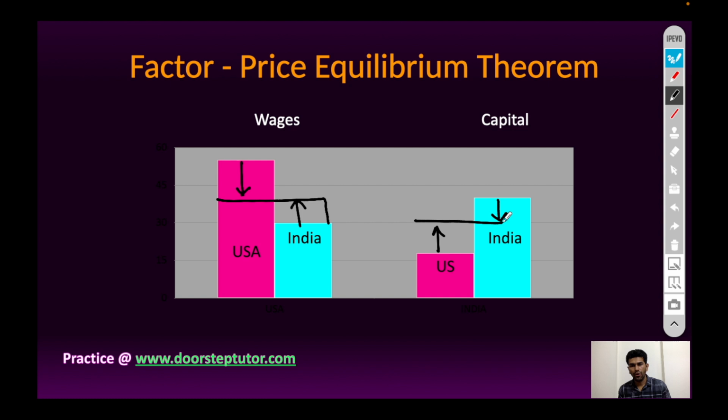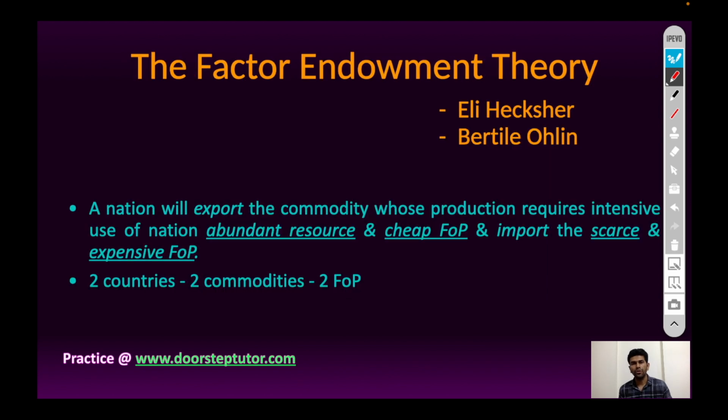So both of them will be in equilibrium. It is called the factor price equilibrium theorem. So to summarize, factor endowment theory says that a capital abundant country should produce and export capital intensive goods, and a labor abundant country should produce and sell labor intensive goods.